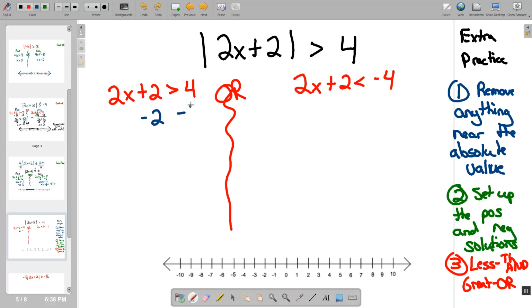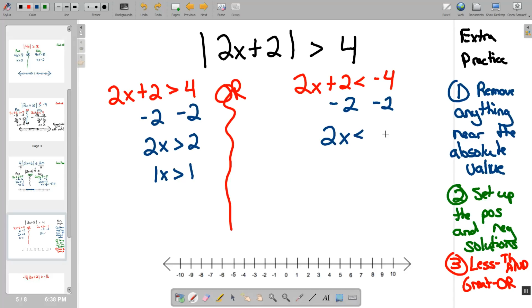From here, I'm going to solve my equations like I've done many, many times up to this point. So I get x is greater than 1, or from here, I'm subtracting 2 again, and I get 2x is less than negative 6, or x is less than negative 3, with an or statement between them.